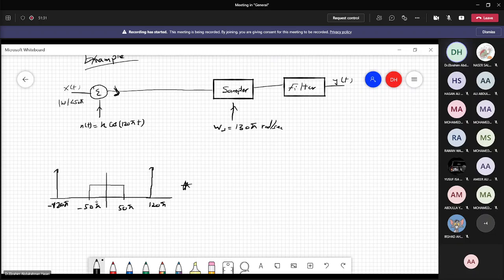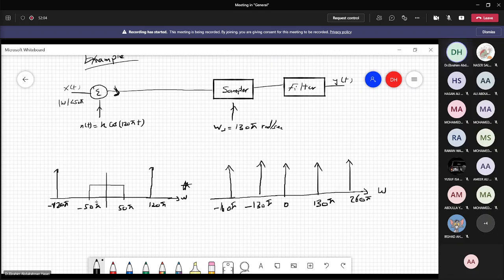Now we convolve with X_p of f or omega. So it is 130. So then we have at 0, then at 130 pi, 260 pi, minus 130 pi, minus 260 pi, and so on.